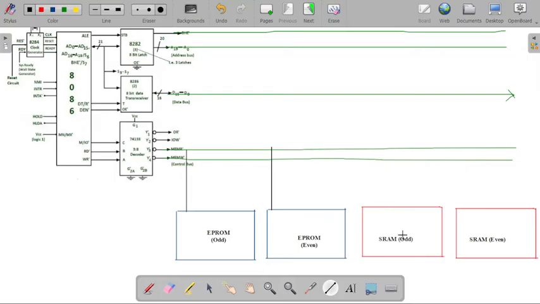Now for SRAM, both the signals will be activated, that is read signal also and write signal also. So I'm giving this read connection here and I'm giving this write connection here. So read and write connection is connected to our SRAM odd bank. As well as for our SRAM even bank, we are also giving this read connection as well as this write connection.